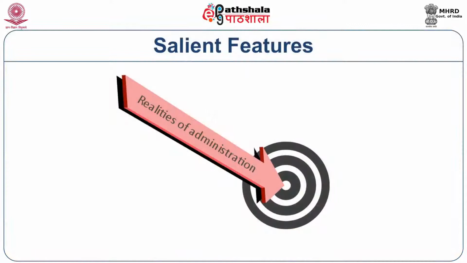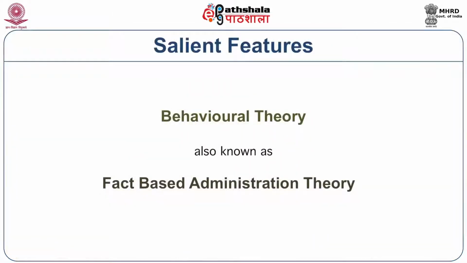But before you try to do that, you should know what its current existence level is. So this theory says that you should understand the current realities of administration rather than develop some principles and implement them. Therefore, this theory is also known as fact-based administrative theory.